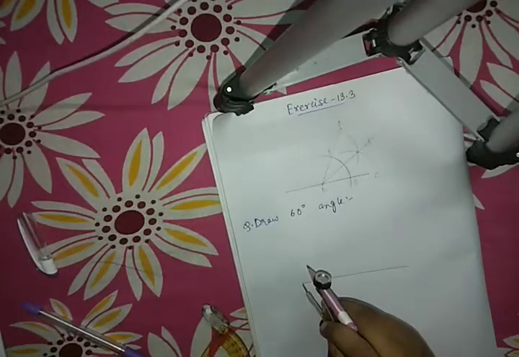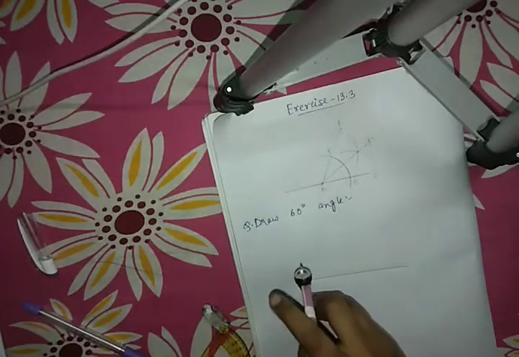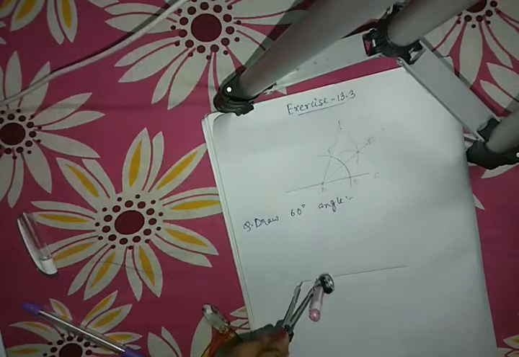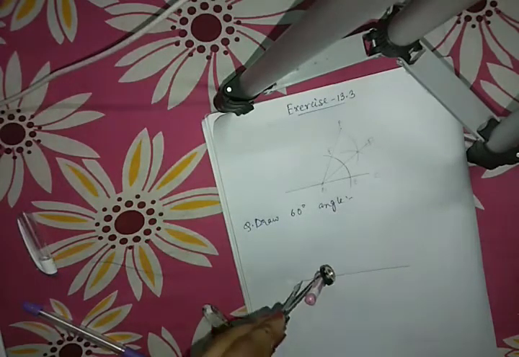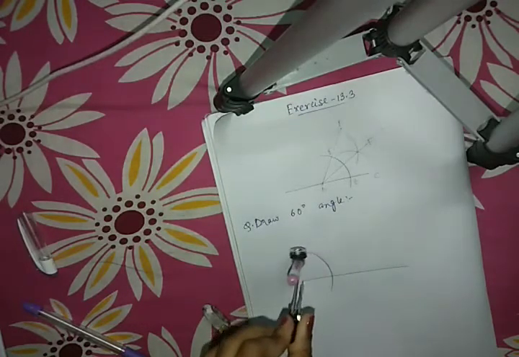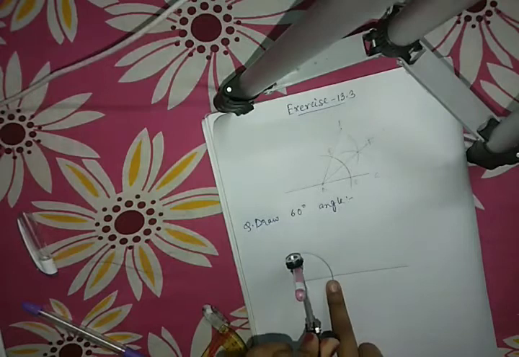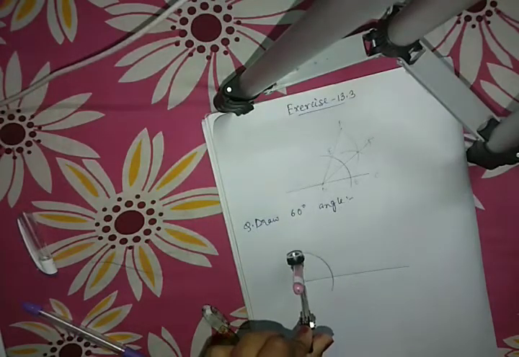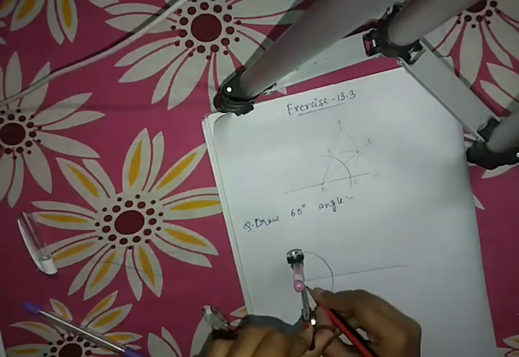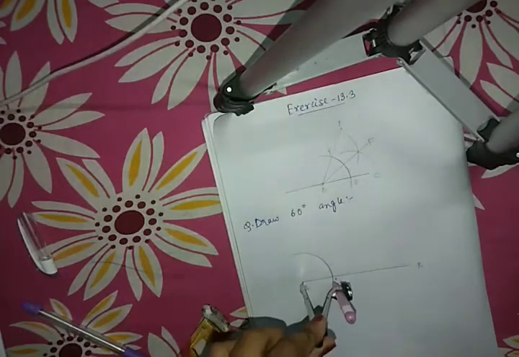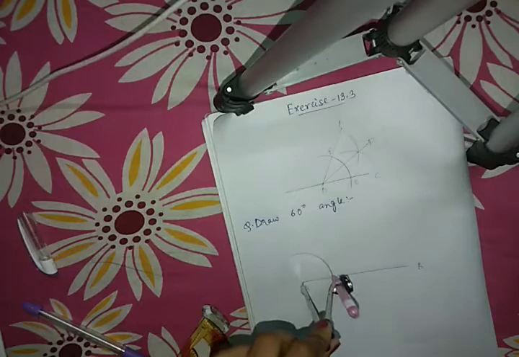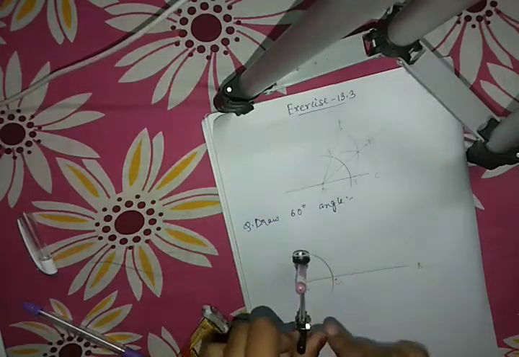We will put the pointer here at the end of this line. Now you can take any radius. I am taking this much radius. Draw an arc which is intersecting the line at this point. Suppose this line is AB and it's intersecting at the point C. So I have drawn an arc which is intersecting the line AB at the point C.